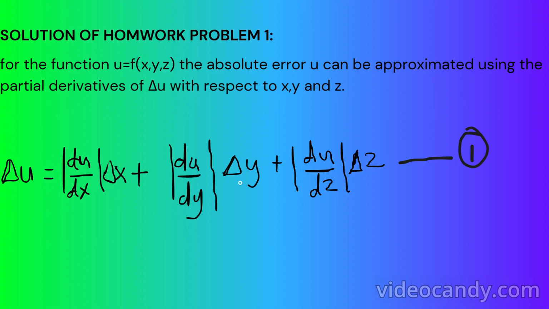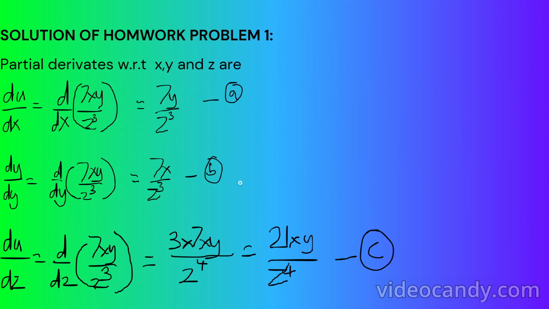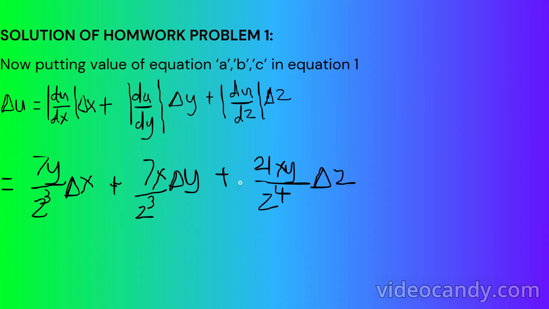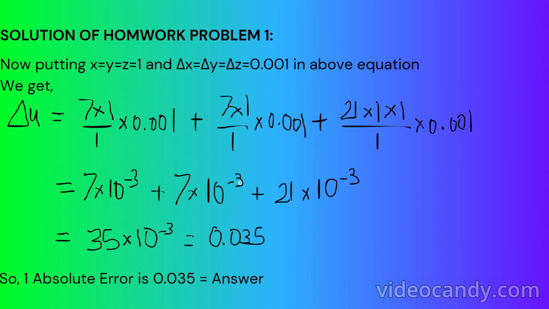The absolute error equal to 0.035, relative error equal to 0.005, and percentage error equal to 0.5%. So please check this solution of homework problem 1 to find out the answer. So the absolute error is 0.035.